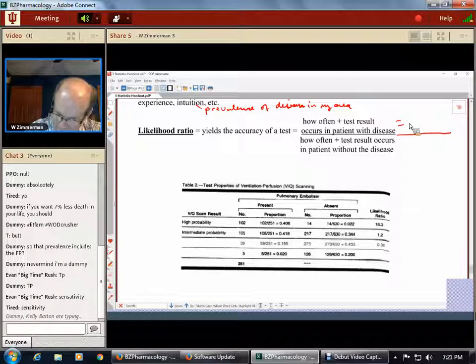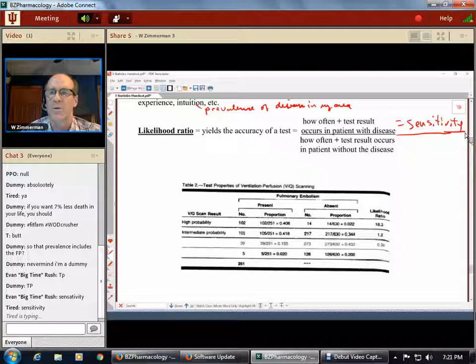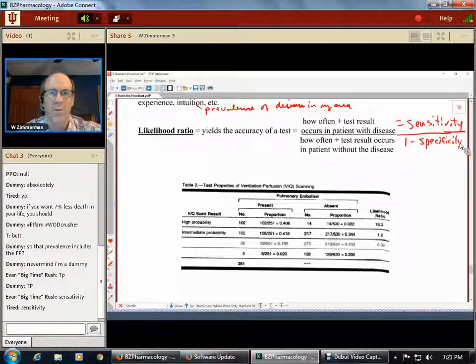Bingo, sensitivity. So we're going to take the sensitivity, and the denominator is a little more confusing. That's how often a positive test result occurs in a patient without the disease. That's 1 minus specificity. By the way, you will be calculating likelihood ratios in the module on diagnosis next week. Not complicated, just really useful to have this under your belt and know it.